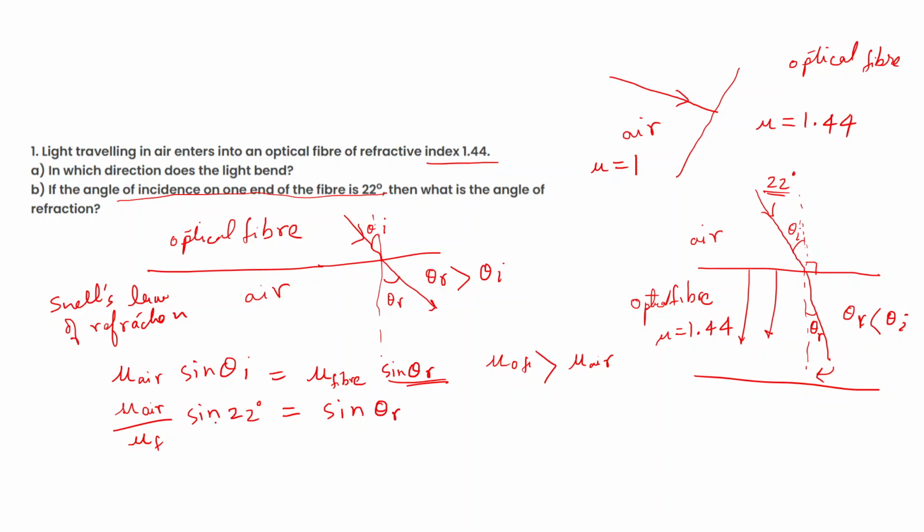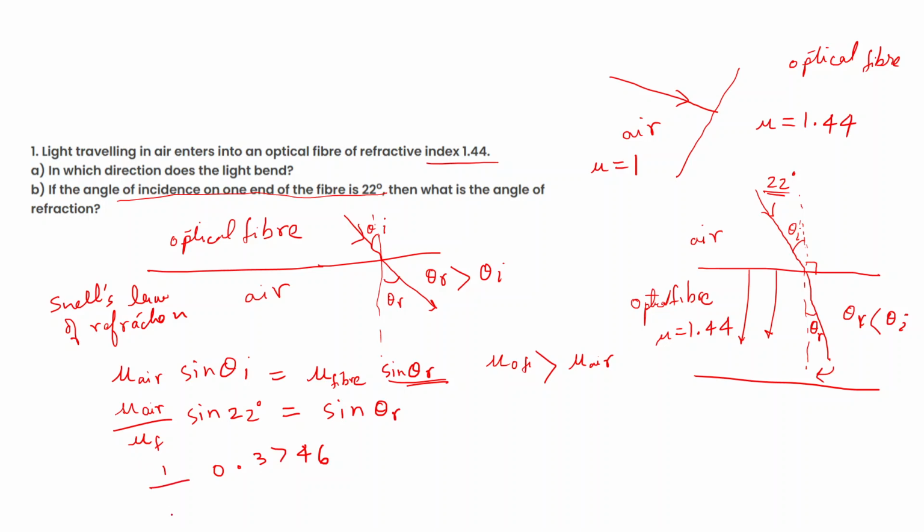So let's first do this. What is sine of 22 degrees? I'm using a calculator to calculate this. Sine of 22 degrees is 0.3746. Okay, and the refractive index of air is 1.